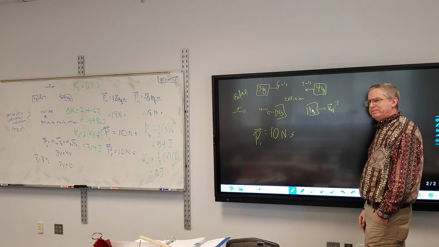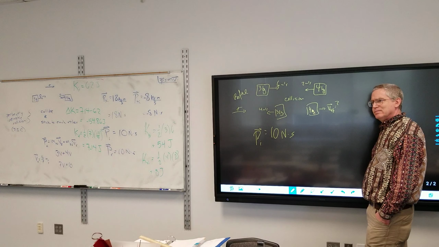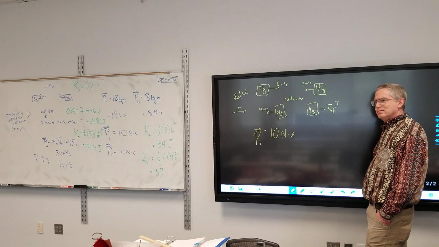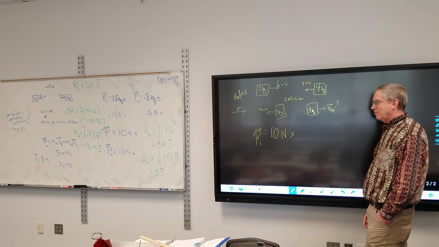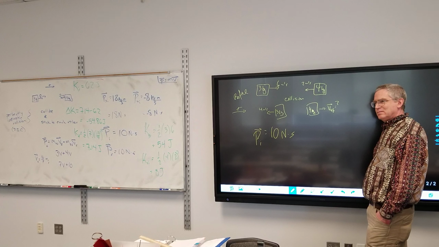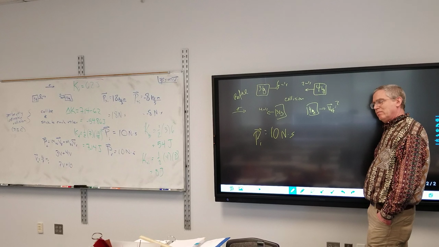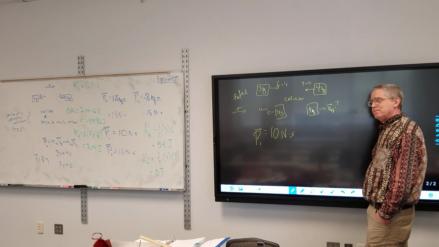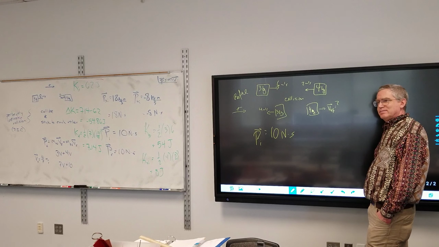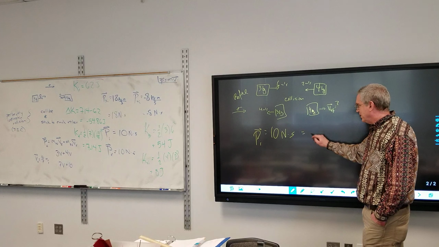What's the final momentum? Keeping in the spirit of what the answer to the previous question was, it should be the same.